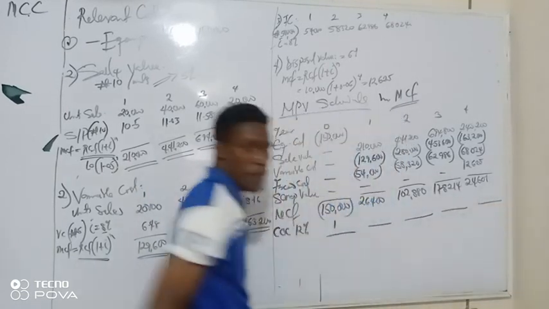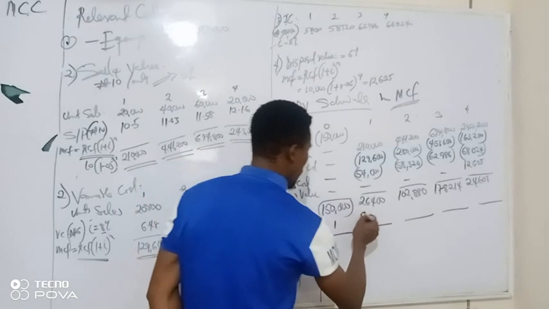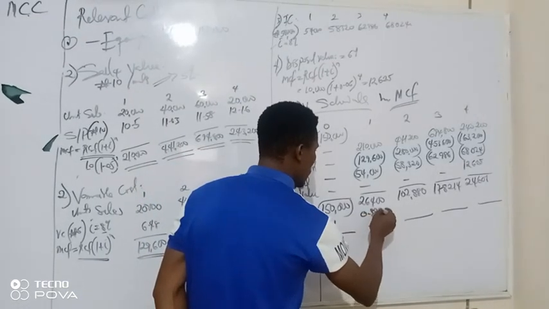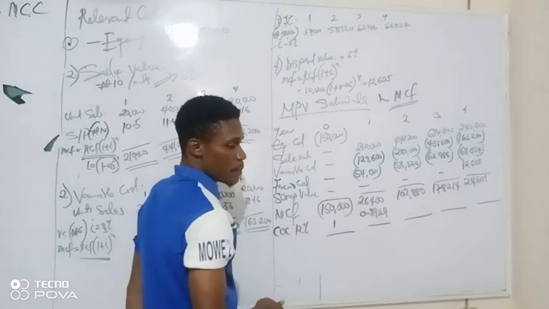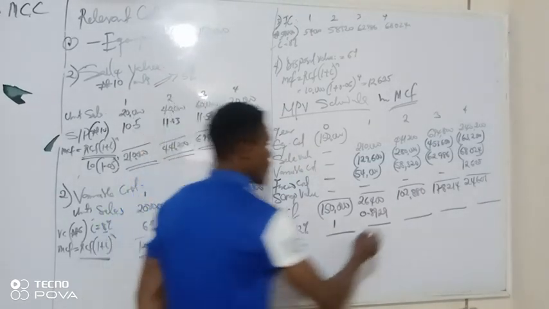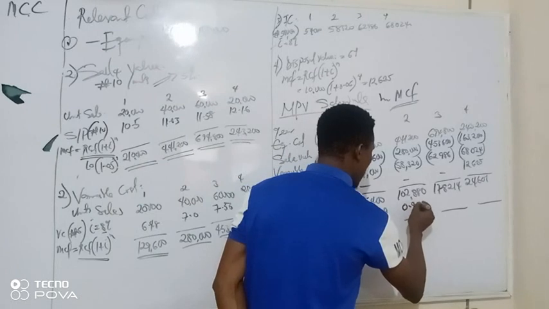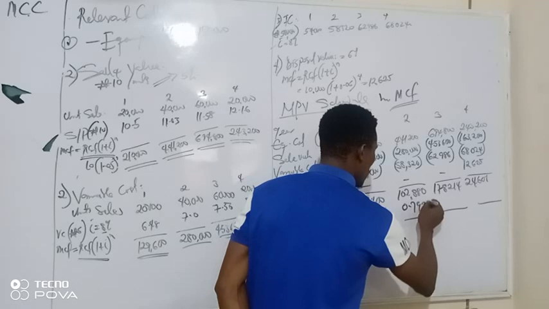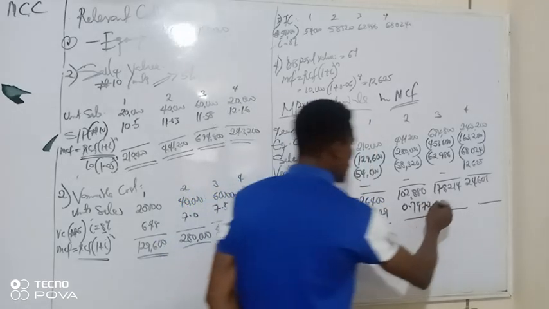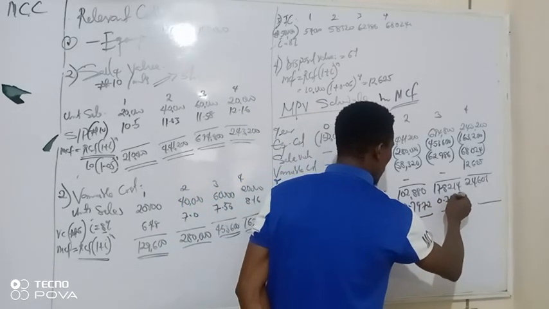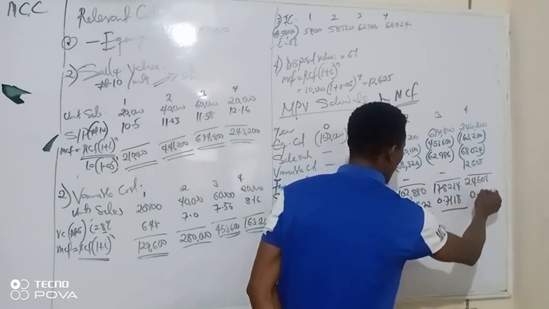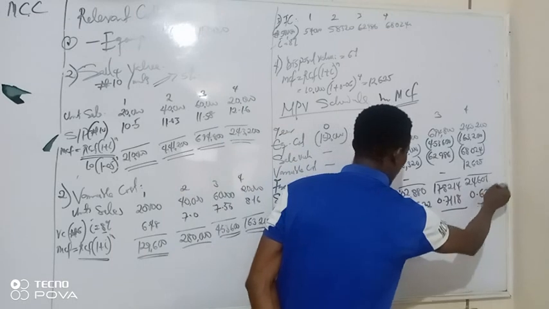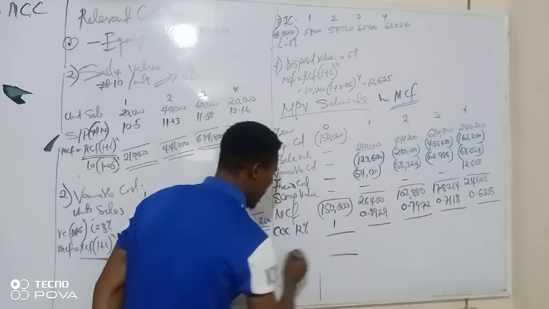The discount factors are 0.8929, followed by 0.7972, then 0.7118, and 0.6355.